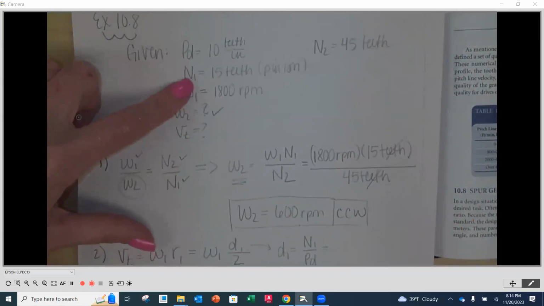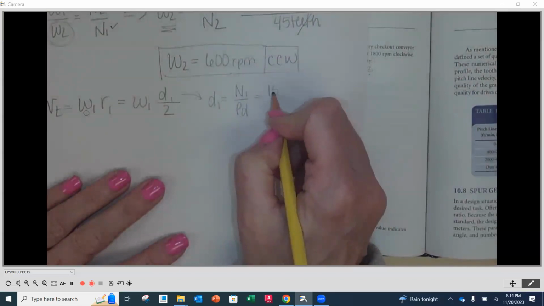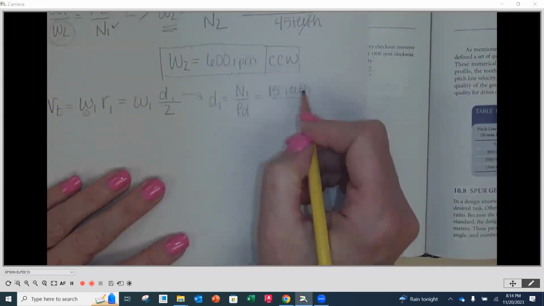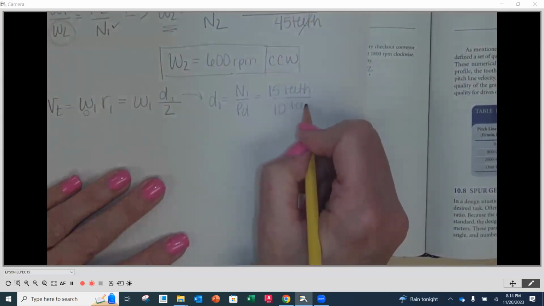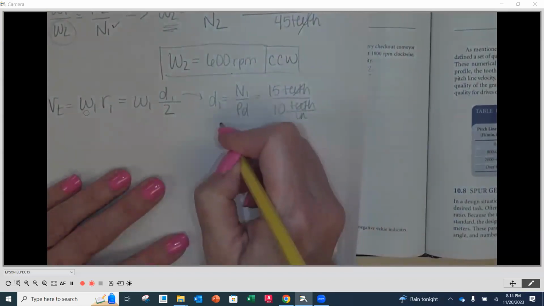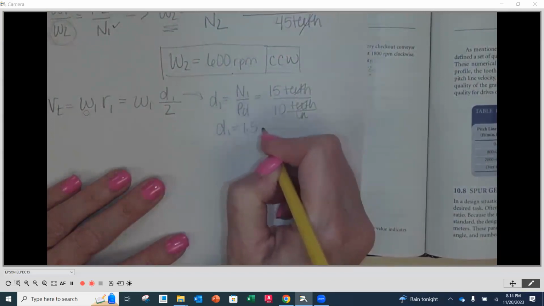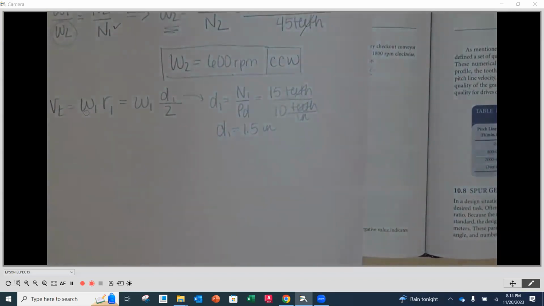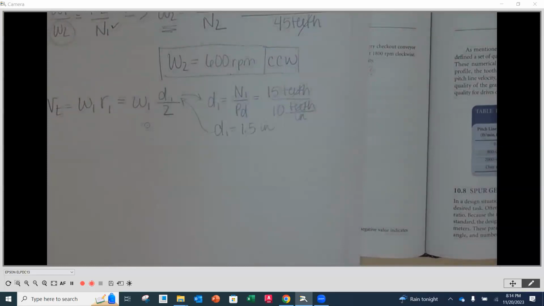Number 1 has 15 teeth, and the diametral pitch is 10 teeth per inch, right? Teeth cancel out, we're left with inches. D1 is going to be equal to 1.5 inches. So that's the number we're going to put up there. Okay, so we've got that one done.